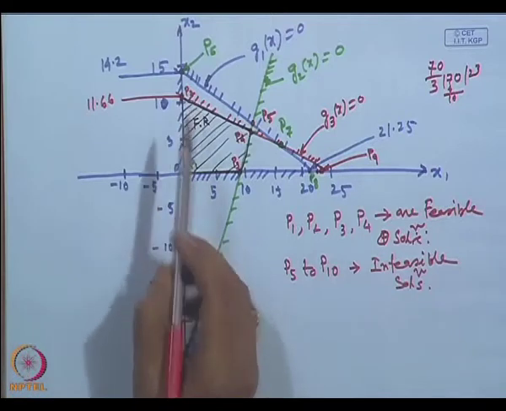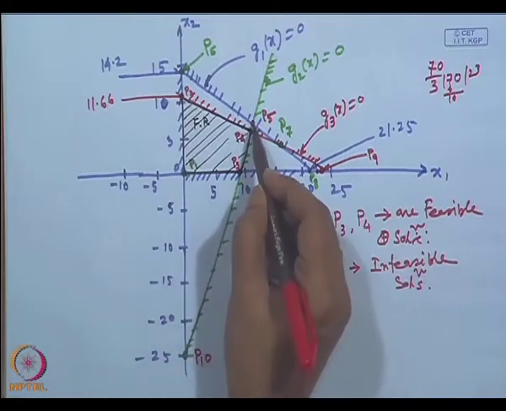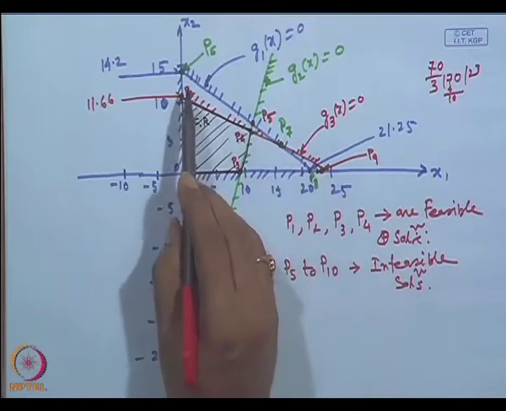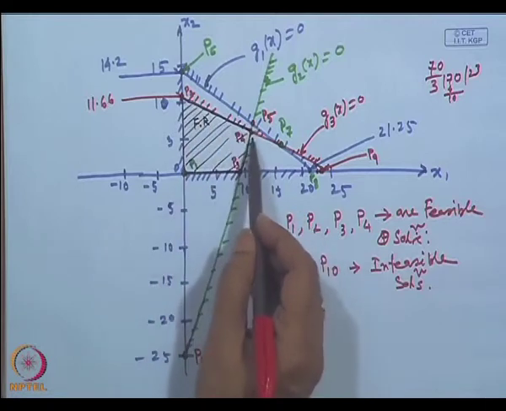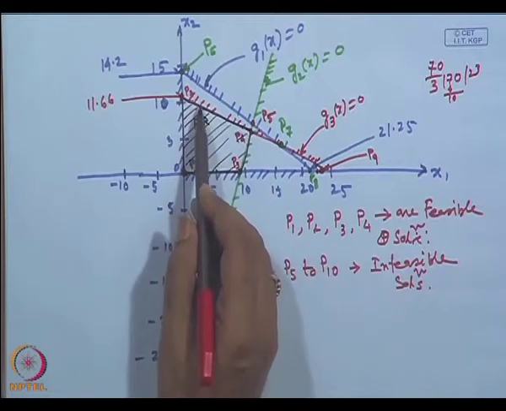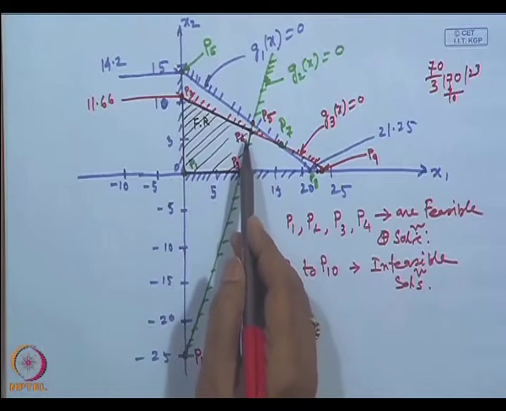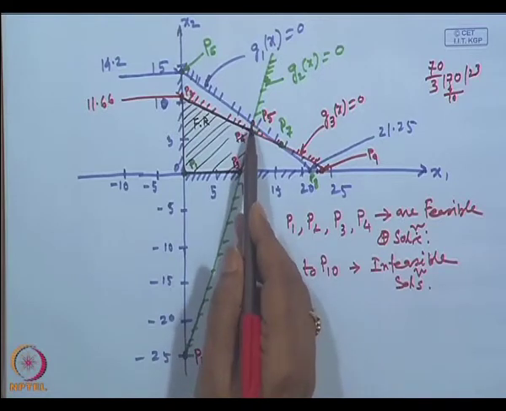Now, let us say P 5. P 5 satisfies only the G 1 condition, but it does not satisfy the other conditions, G 2, G 3.